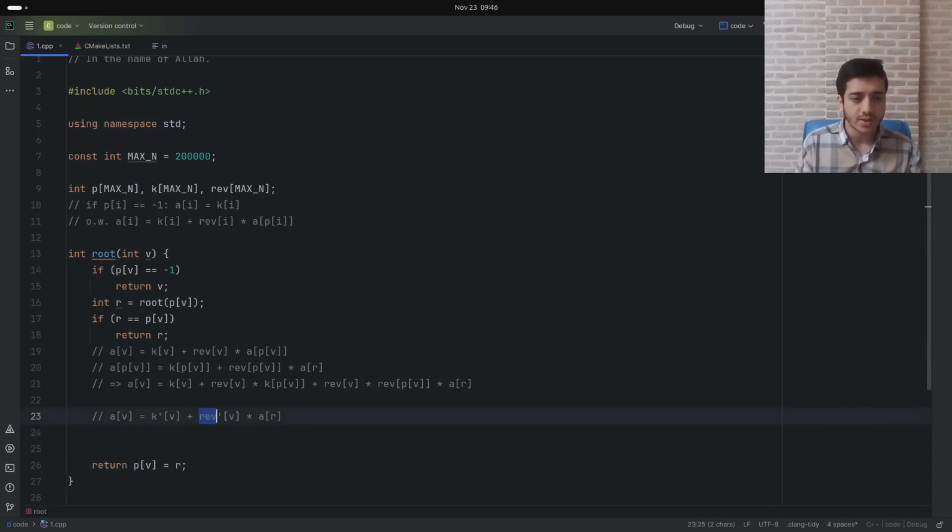So first let's find the rev prime. So rev prime is this. So rev of V is going to be this. So actually it's going to be multiplied by this.